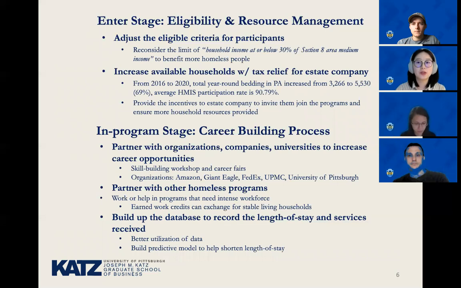And also to enlarge the capacity of rapid rehousing, we came up with an idea that if the government or the city can provide tax benefits for companies in private markets, for them to provide more housing resources for homeless people, it will be an increase in the resource we have to help people in need.